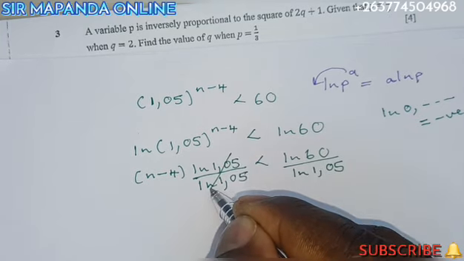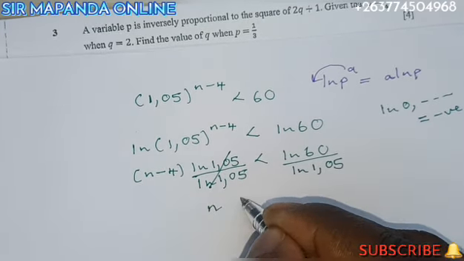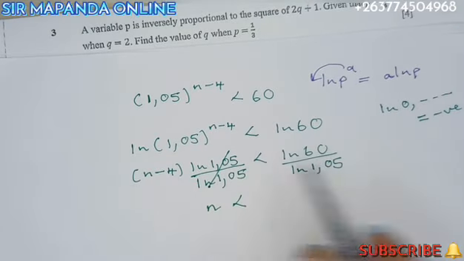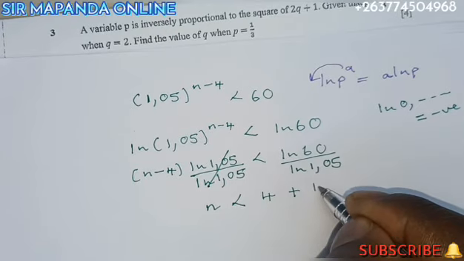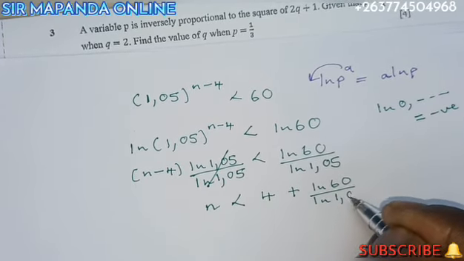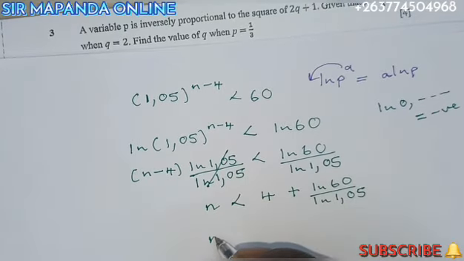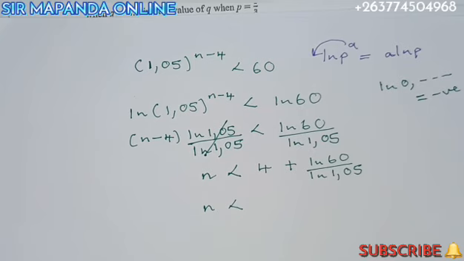So these two numbers, they cancel off each other. So I'm now moving minus 4 to the right. You get 4 plus ln 60 divided by ln 1,05. Let me punch this in my calculator. 4 plus, right, ln 60 divided by ln 1,05.